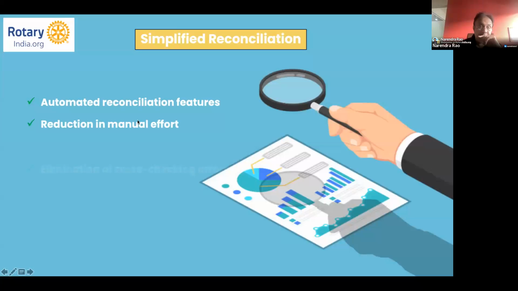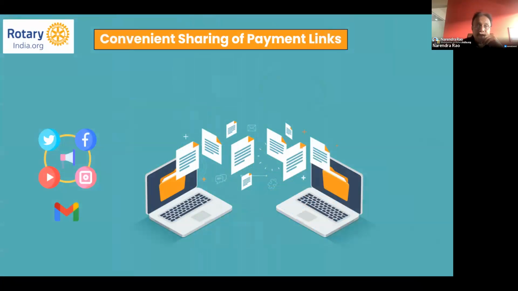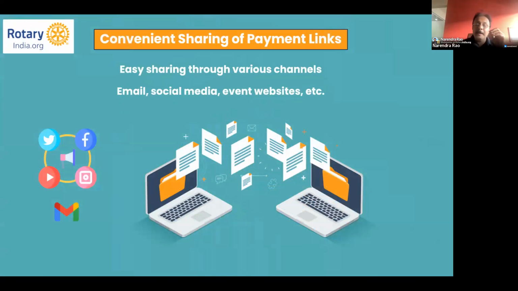So here it is completely automated. You do not even need to struggle in terms of doing it. No need of cross-checking the errors. Then comes the payment link. The payment link can be shared in a WhatsApp, in an email, in any format, by any social media.